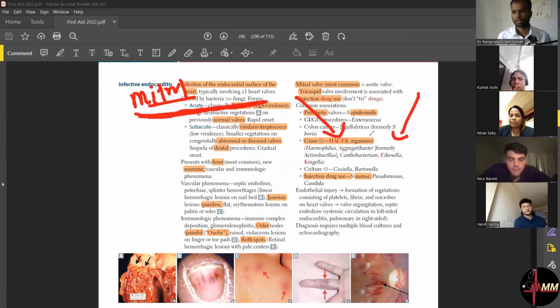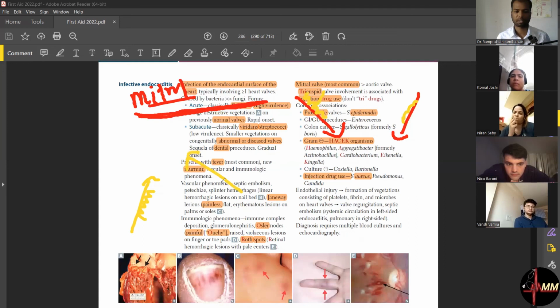So the valve usually gets damaged on the atrial surface of the mitral valve. The valve can be damaged here. And if it's the aortic valve, it opens in this direction, so the valve can be damaged here.